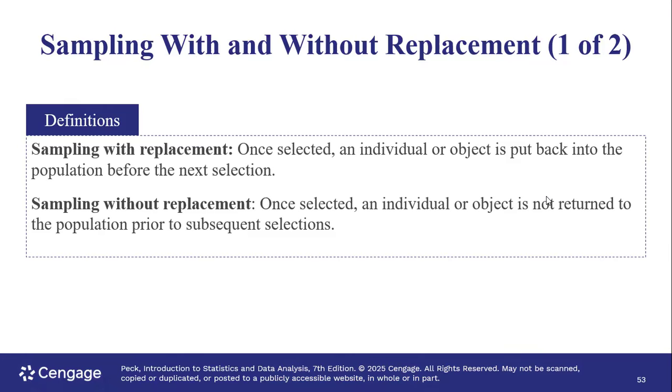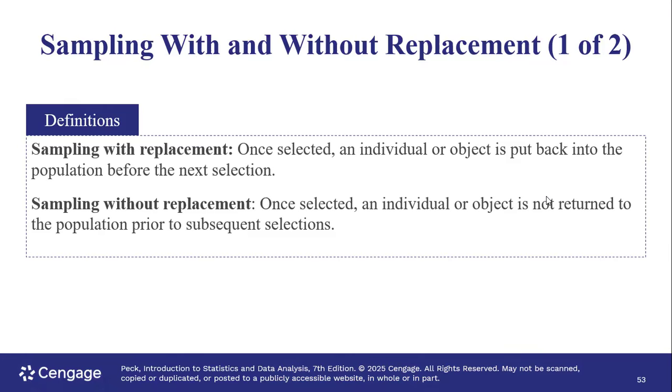Every time a member from the population is selected in the sample, we have two ways of doing it. Either we take that individual from the population and do not replace him or her back in the population, that is sampling without replacement, or after selecting an individual, we note the characteristics that we are trying to find out and replace the person back in the population.